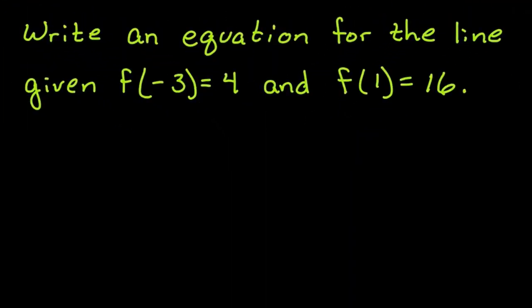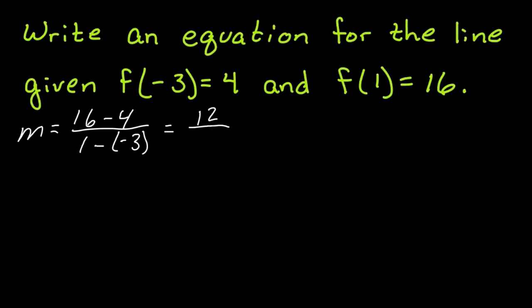Once again, the first thing that we've got to do, no matter what, is find your slope. So we subtract the y values in the numerator, 16 minus 4, and then in your denominator you're going to have 1 minus the negative 3. All right, so that's going to give us 12 over, minus the negative changes to plus, so that'll give us a 4, and 12 divided by 4 is 3.